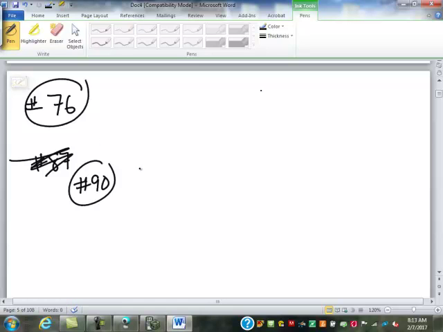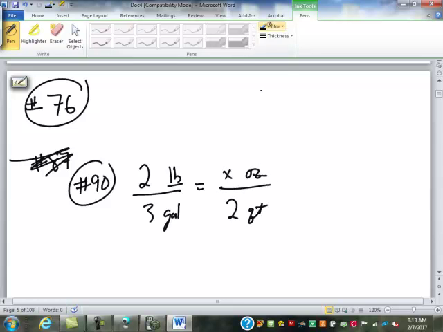To be able to work with ratios, here we've got 2 pounds is to 3 gallons as X ounces is to 2 quarts. When we're dealing with a proportion like this, the unit that's here has to match one of these 2. One of the 2 has to match.